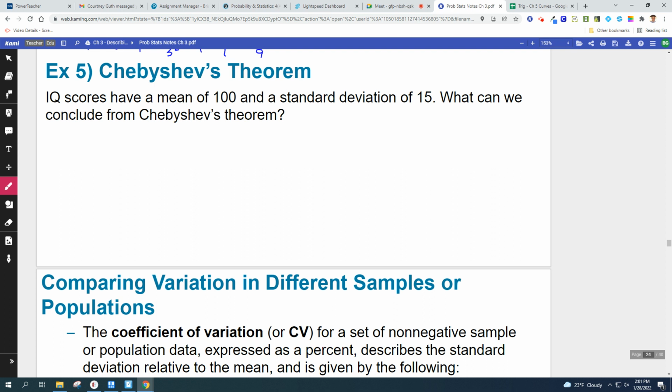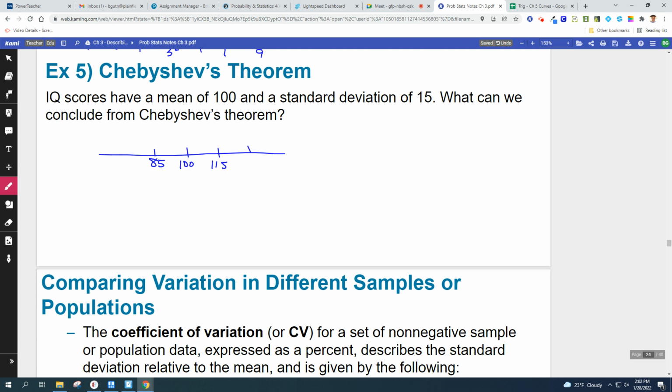So number 5, IQ scores have a mean of 100 and a standard deviation of 15. What can we conclude from Chebyshev's theorem? So don't draw the bell shape because we don't know if we have the bell shape right here. We've got the mean right in the middle and 1 standard deviation away, so add 15 or subtract 15.